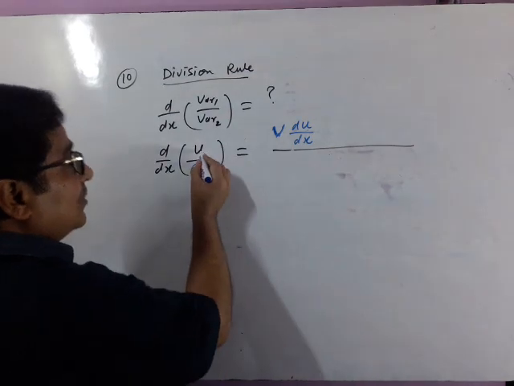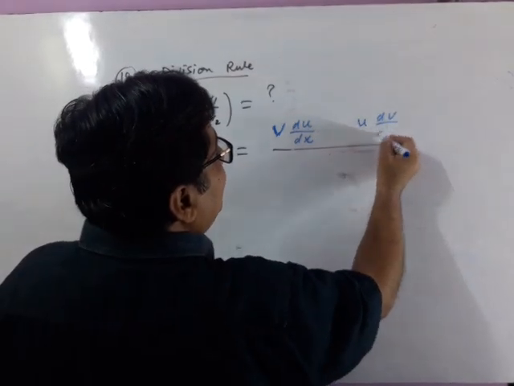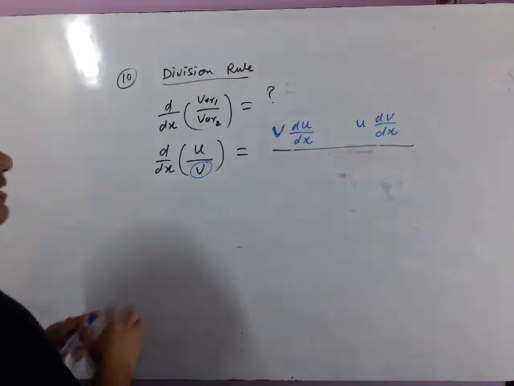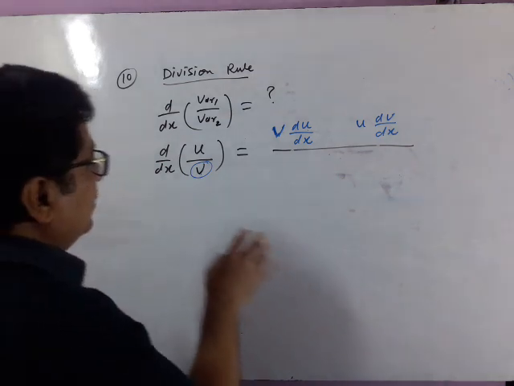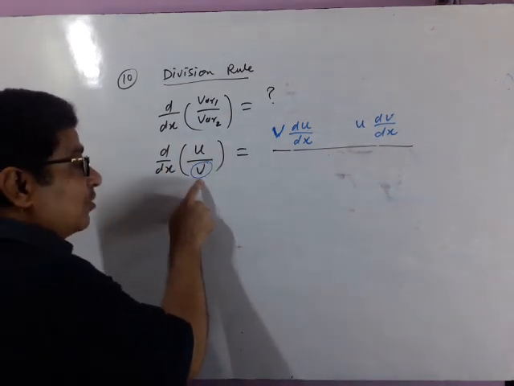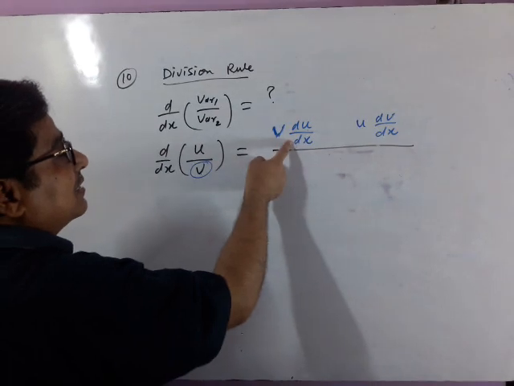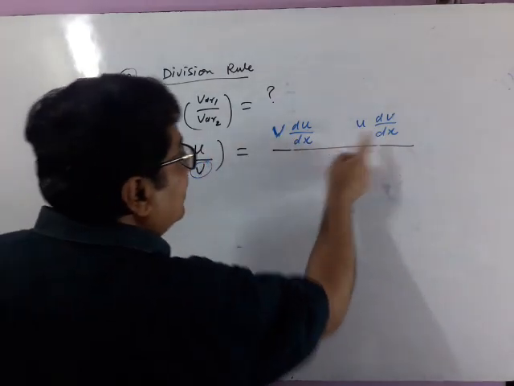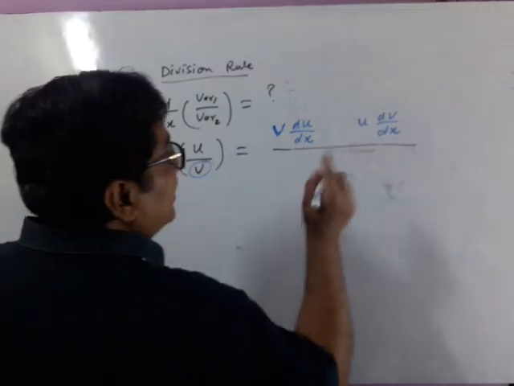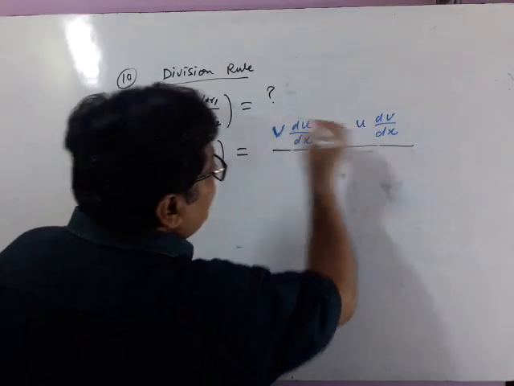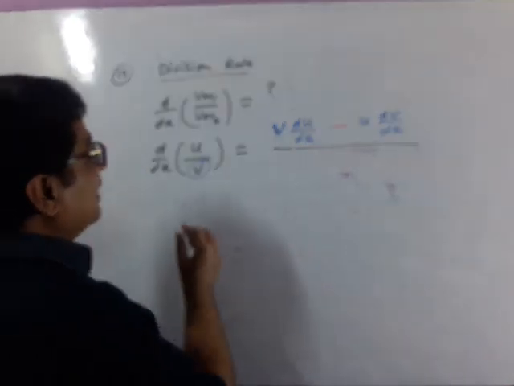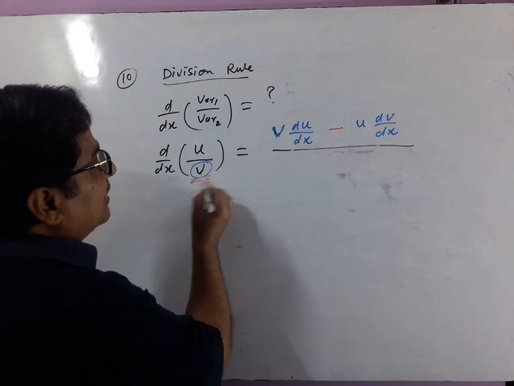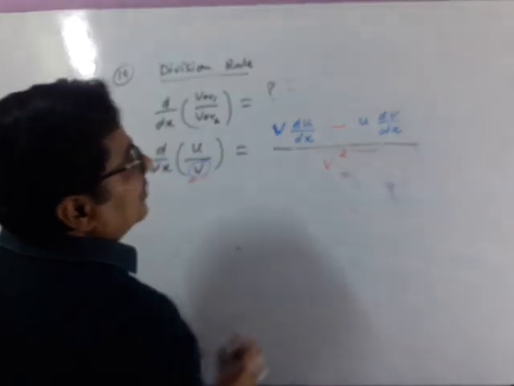Now alternate: u dv/dx. It is like a product rule, but we start from the denominator. v du/dx, then alternate, u dv/dx. Another point: in place of plus, put a minus sign, as well as denominator square. Denominator is v, so write here v square.